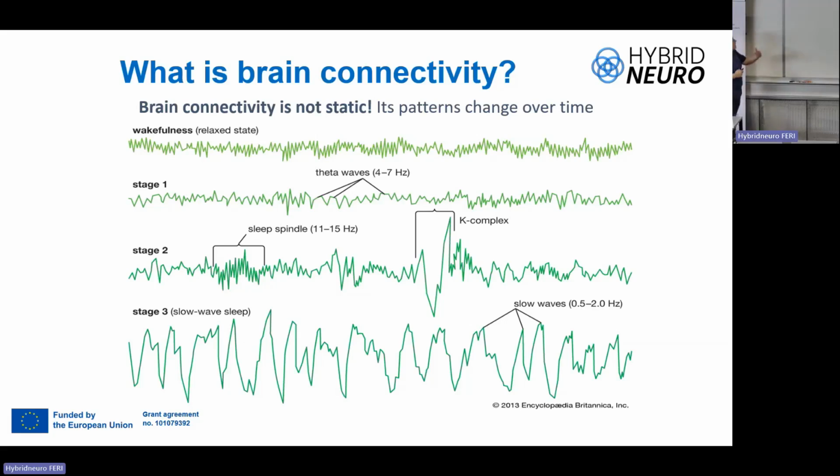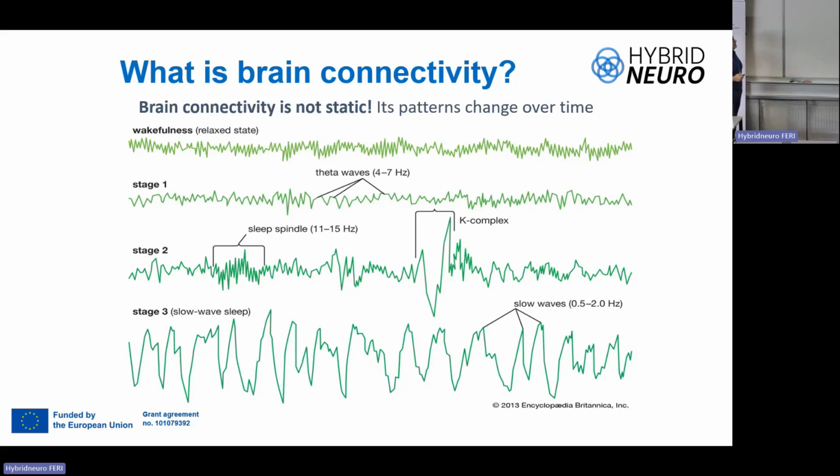And then we move to the stage 2. In the stage 2, we have sleep spindles, but they are physiological and also produced by drugs or also by pathologies, with between 1 and 2 seconds duration, with higher frequencies from 11 to 15 hertz. Also K complexes.